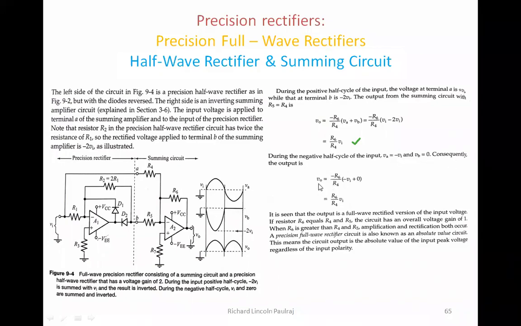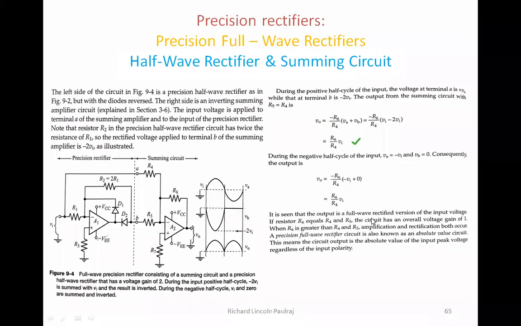So what is going to be our output voltage? Our final output voltage is going to be, as usual, minus R6 by R4 times minus VI plus 0, which means it's going to be R6 by R4 into VI. So whatever is your input, it comes at the output side.